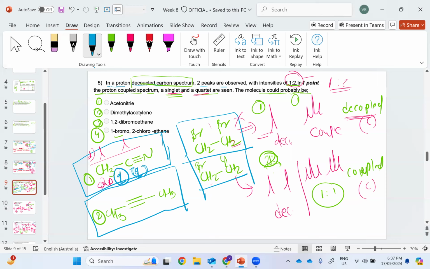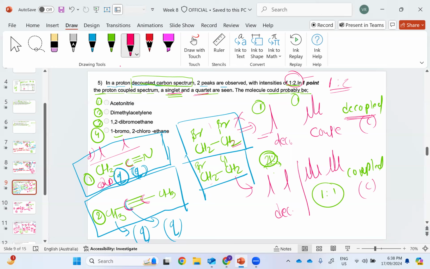And if you look at the last molecule, dimethyl acetylene, this CH3 will show a quartet due to the hydrogens in the coupled spectrum, and this carbon will obviously show a quartet, as it is coupled with the adjacent CH3, right?